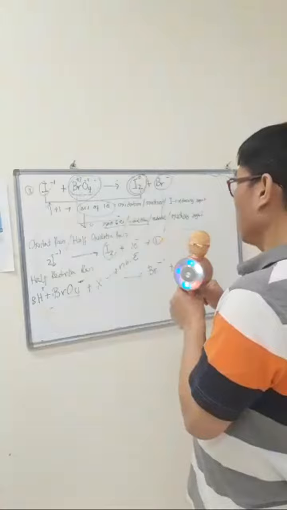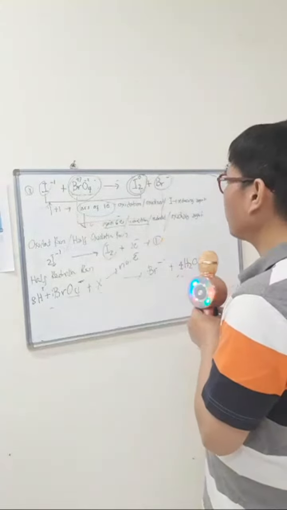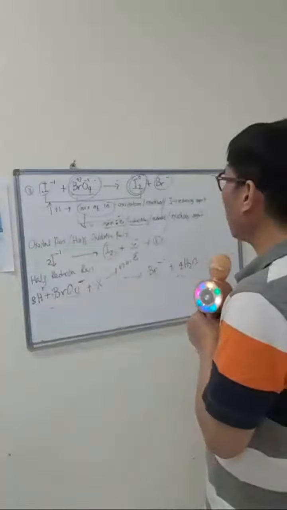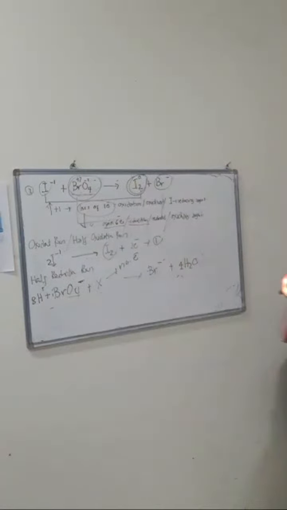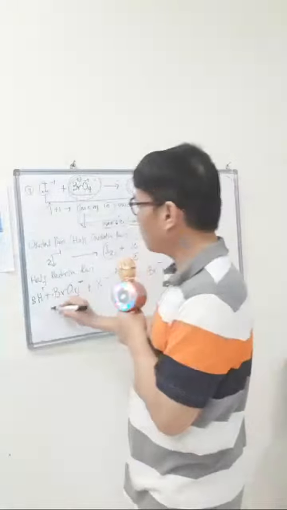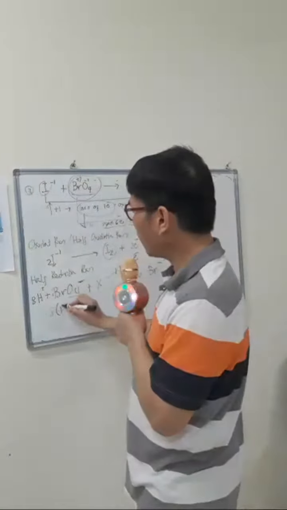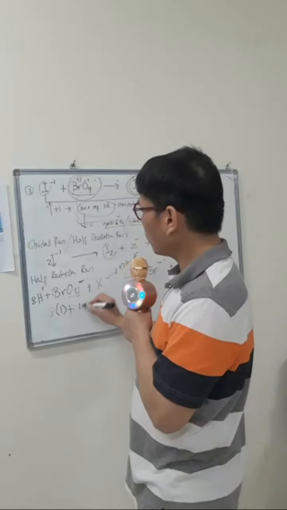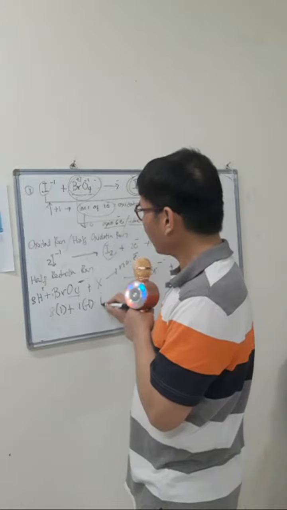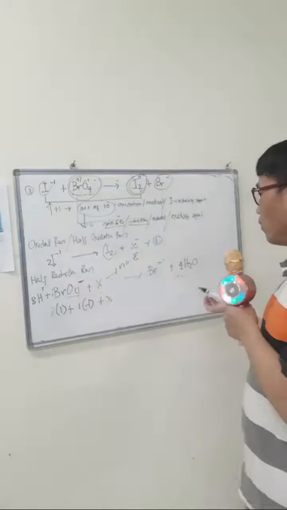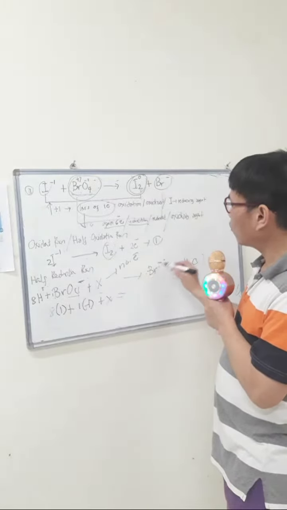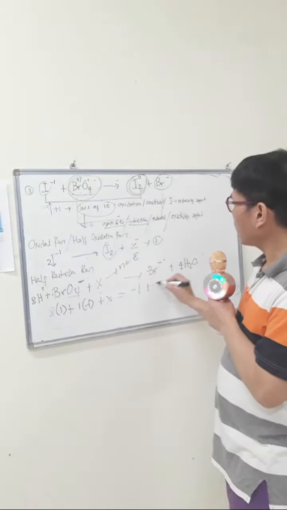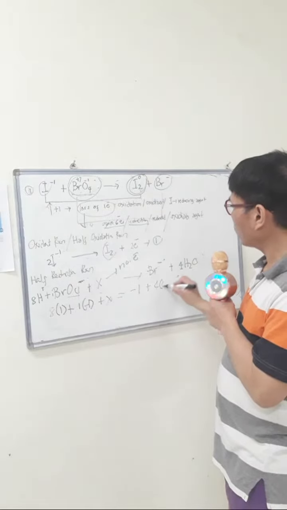Okay? Like that. Wait, my dears. So, 8 times positive 1 is 8. Positive 1 times negative 1, plus X because of the unknown number of electrons. So, negative 1 times 1 for bromide is negative 1, plus 4 times 0 for the neutral compound, 0.